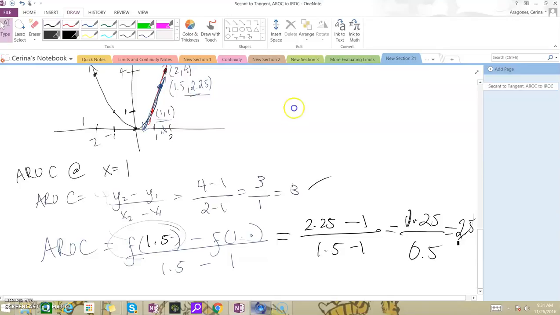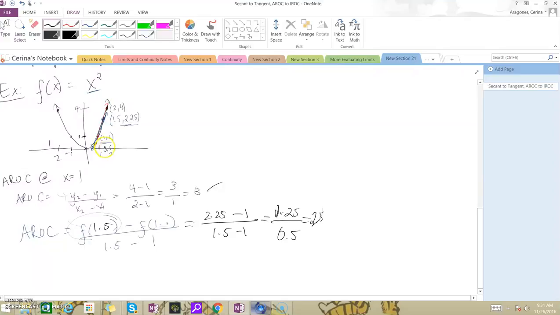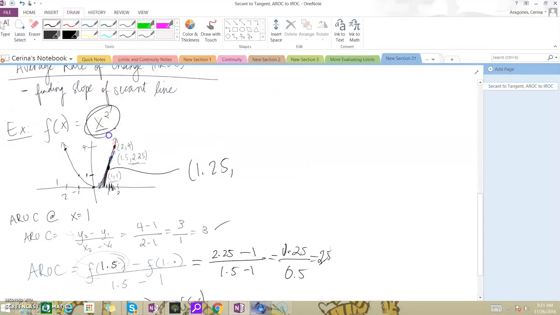Okay, so that's a different slope than the one I got here. You might again try to get a more accurate slope by going even closer. So instead of 1.5, maybe we can draw the slope at 1.25. So right here, that's even closer. There's my secant line. My average rate of change would then be f of 1.25 minus f of 1 all over 1.25 minus 1. So change in y over change in x. Okay, f of 1.25. So at this point right here, my point is 1.25 squared, again because that's my function.